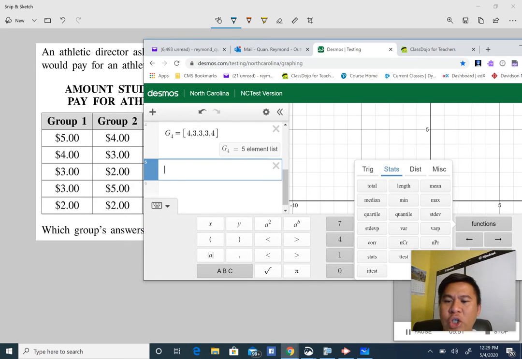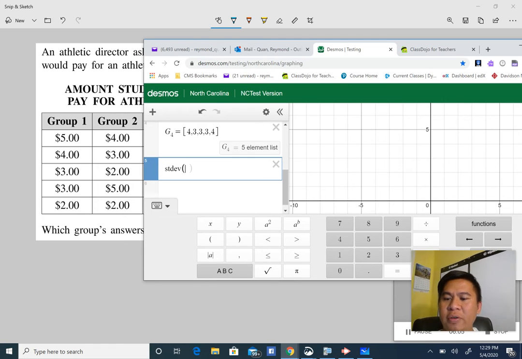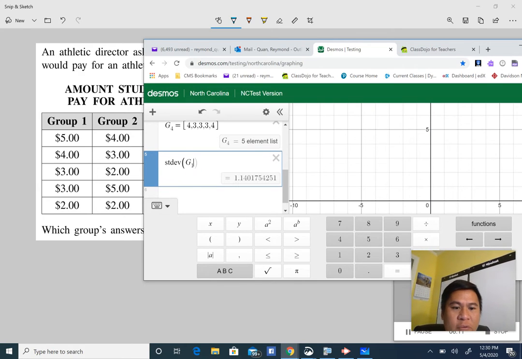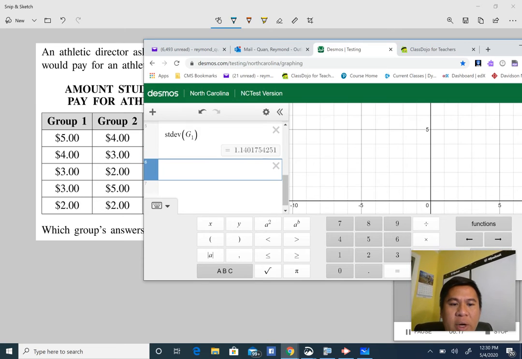Let's go to our functions, and under stats, let's look for what we call STDEV, the standard deviation, or VAR, which is the variance. So let's talk about standard deviation first. I would put standard deviation for G1 for now, and see that it's 1.14. I'm going to do the same for the rest of the groups.